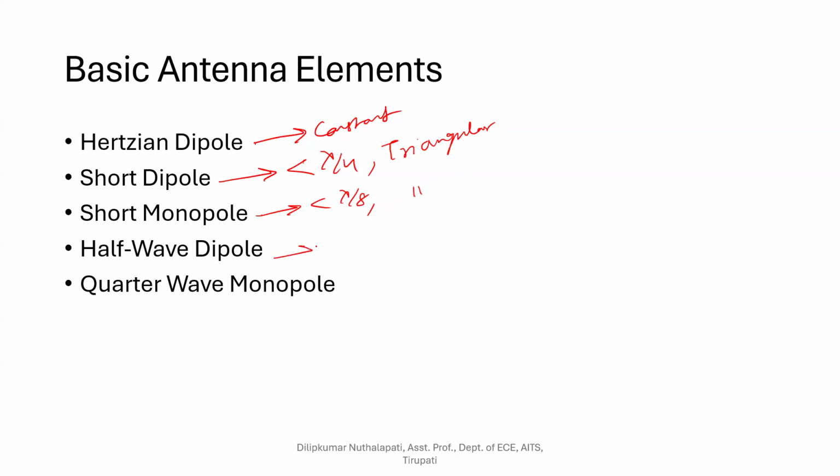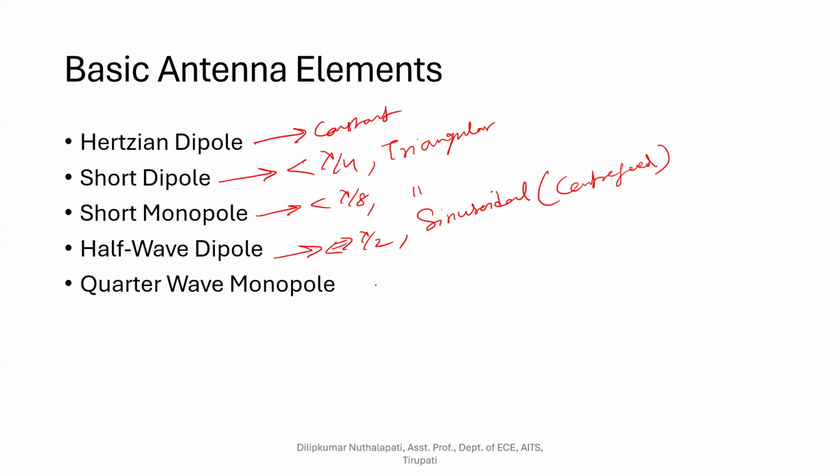Next, for the half-wave dipole, the length is equal to lambda by 2, and the current distribution is assumed to be sinusoidal. It is usually used with a center feed.